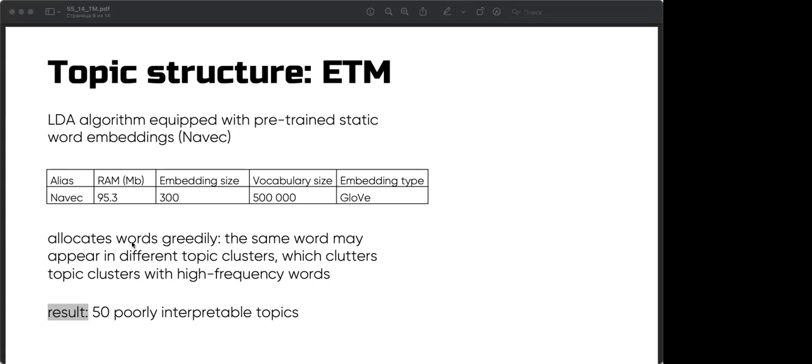You can choose different embeddings to work with here. The package that I linked in the chat just now allows you to train your own word2vec model before you begin creating topics. But I was working with an array of pre-trained embeddings. Those are static embeddings, which just means that there is a specific numeric representation for each of the words in our vocabulary, and that representation does not change independent of the context.